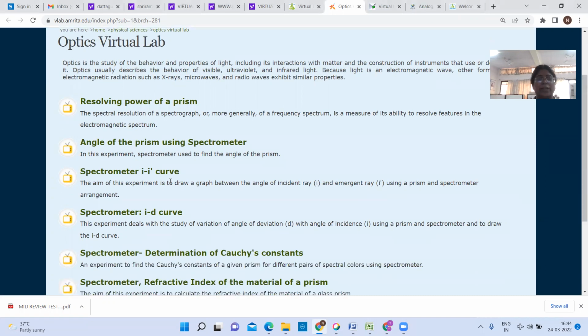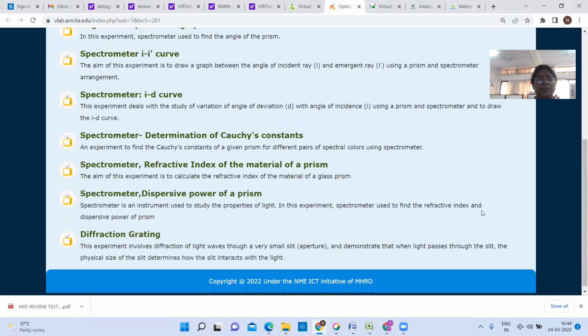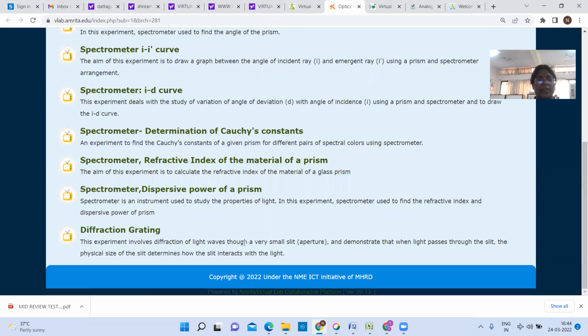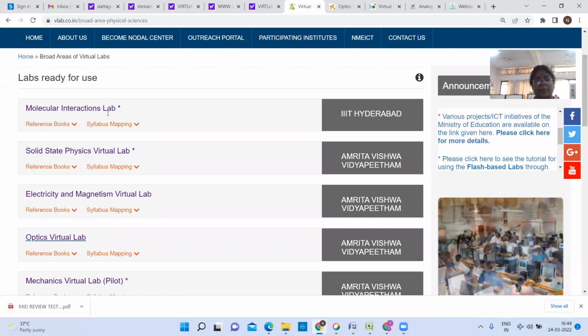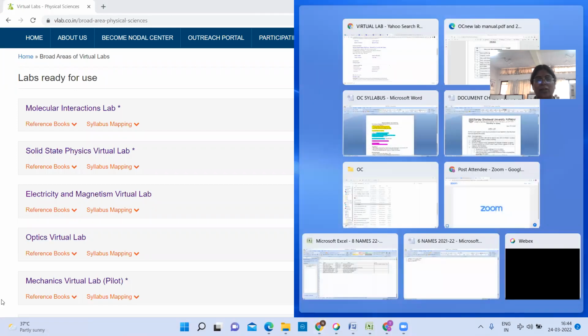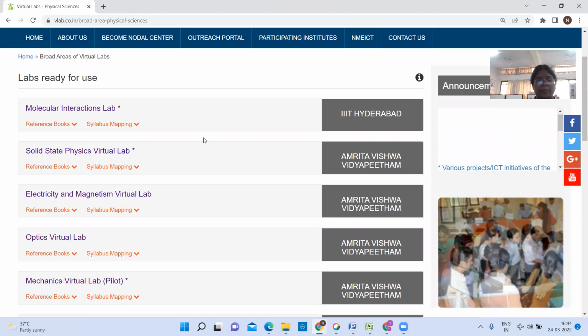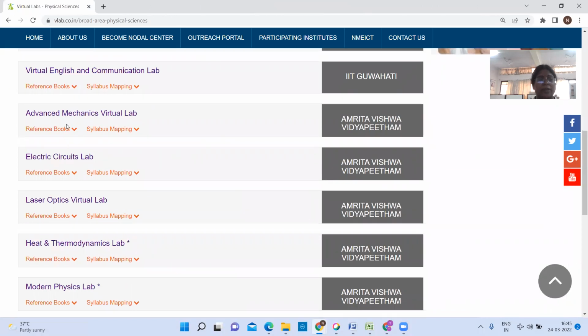Next spectrometer I-D curve, spectrometer refractive index of the material of the prism, spectrometer dispersive power of the prism. So all that points you will get here. So you can remember that name where you got this. That is physics lab. Physics lab मध्ये तुम्हाला optics virtual lab that you could find.